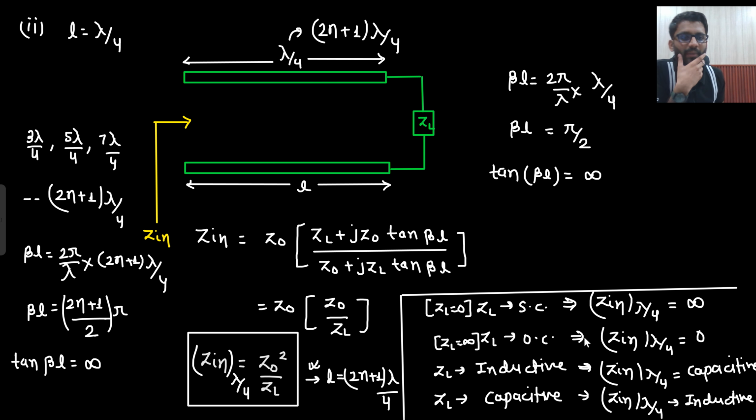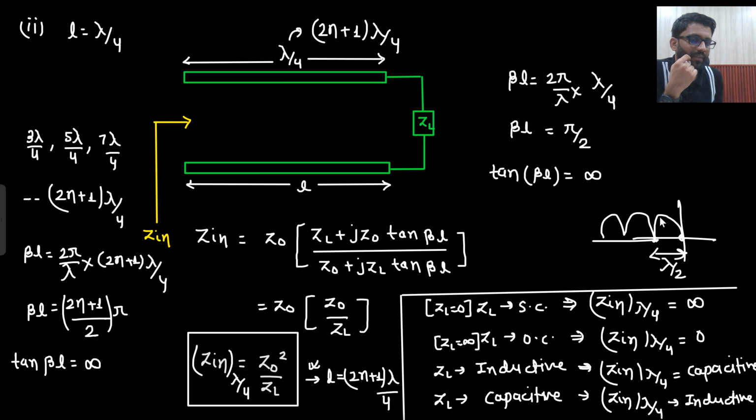Do you remember the standing wave pattern when we studied EM waves? When we studied normal incidence, there we studied the standing wave pattern. So what was happening there? If there is a minima, then this minima would repeat after every lambda by 2. And minima and maxima would be at a distance of lambda by 4.